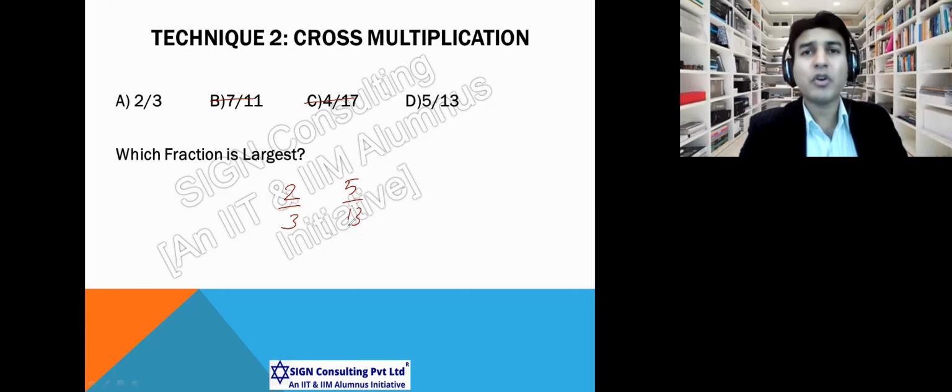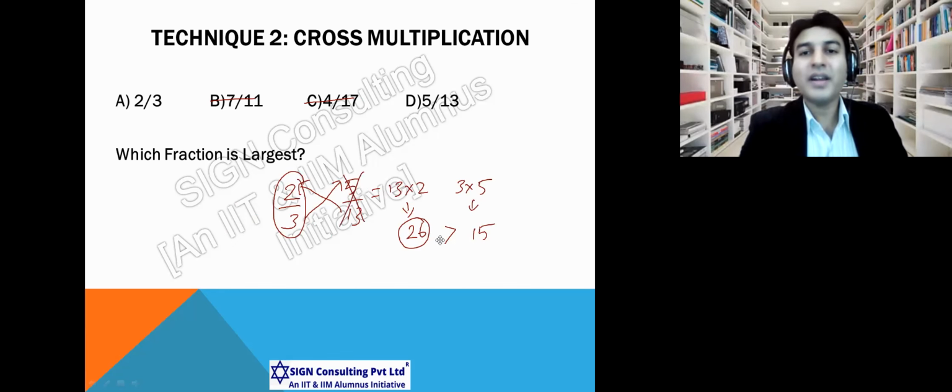So I use the same cross multiplication method, wherein I cross multiply 13 with 2 and 3 with 5. So 13 into 2 gives me 26. 3 into 5 gives me 15. Undoubtedly, I know that 26 is greater than 15. So I retain 2 by 3 and I strike out option 5 by 13.